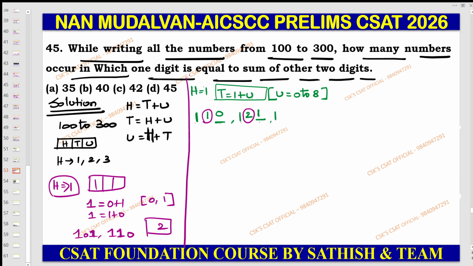If you are placing 2 here, it becomes 3. If you are placing 3 here, it becomes 4. If you are placing 4 here, it becomes 5. If you are placing 5 here, it becomes 6. If you are placing 6 here, it becomes 7. If you are placing 7 here, it becomes 8. If you are placing 8 here, it becomes 9. See here, 6 plus 1 is 7, yes, satisfies. 7 plus 1 is 8, 8 plus 1 is 9. So this is the concept: one digit is equal to the sum of the other two digits.